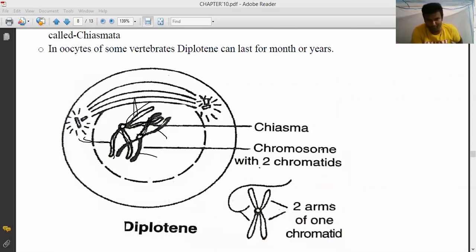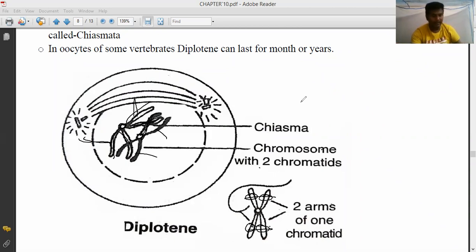It is one chromatid, with 2 arms. One is one arm, one is another arm. These are all chromatids. So except where crossing over occurs, the remaining are separated. This is the main theme of diplotene.